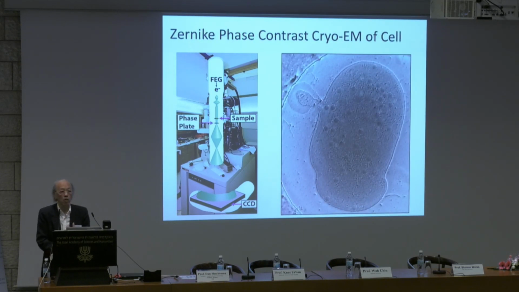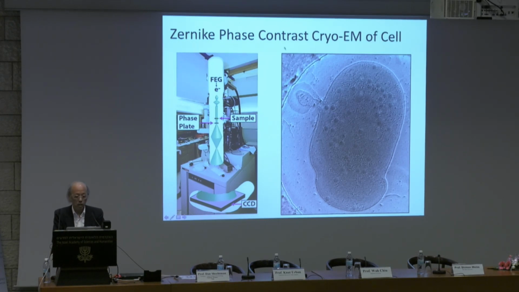So now, as we know that every cell looks different from any other cell, we cannot do the averaging like in the virus particle. We average tens of thousands of them. So now in the cell, we need to do the reconstruction one cell at a time.